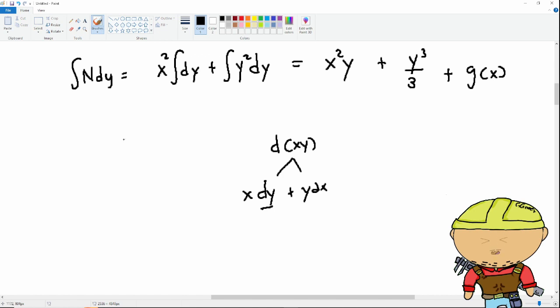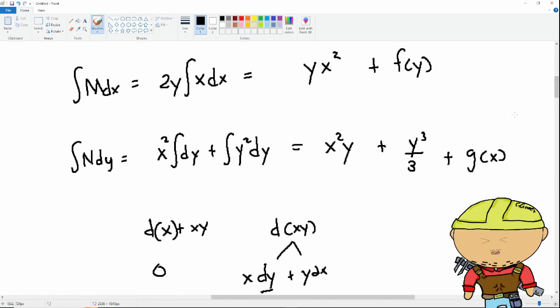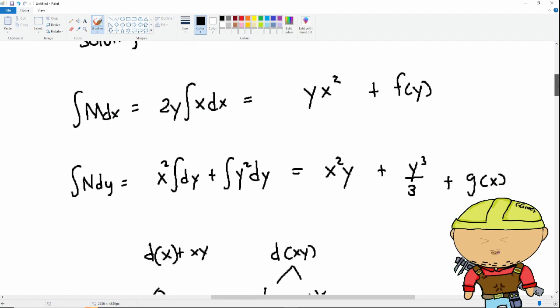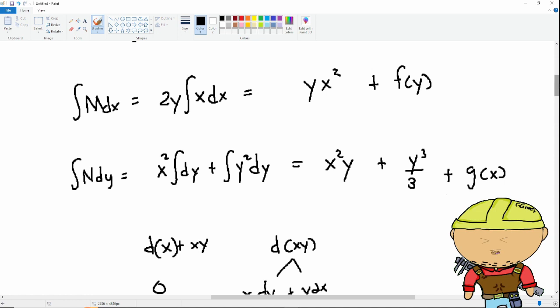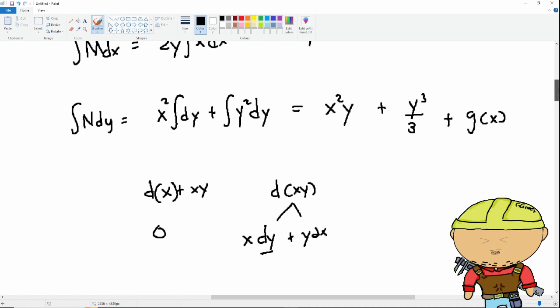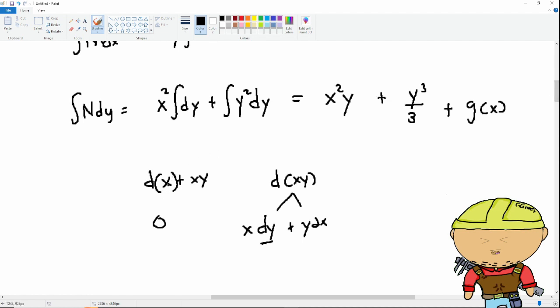If we have, let's say, x plus xy, and we consider x as constant, there are x terms that don't have y. They're going to be differentiated and become 0. So f of y and g of x are the terms that compensate for the constants that disappear when you differentiate or half differentiate with only one variable.